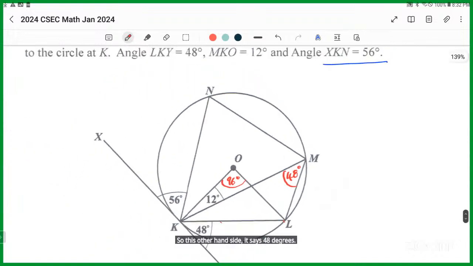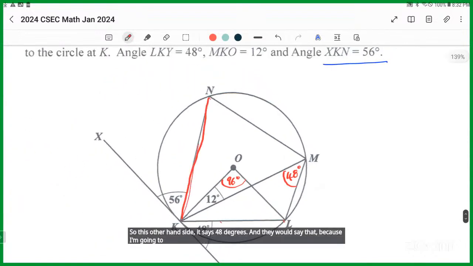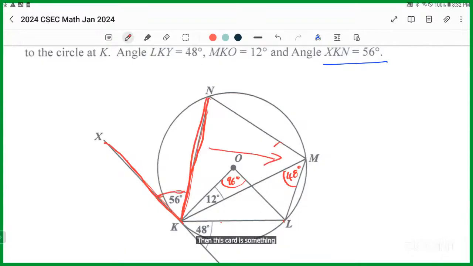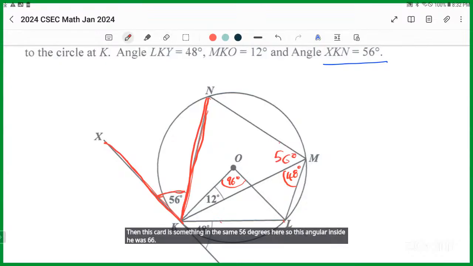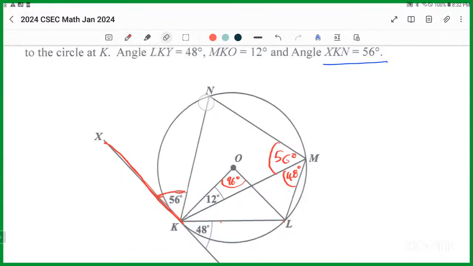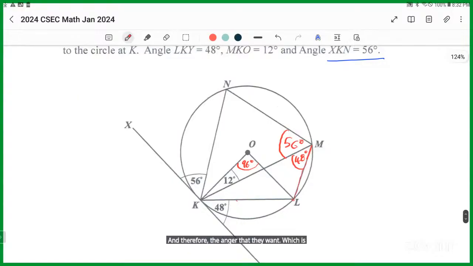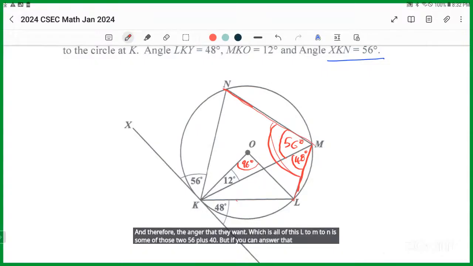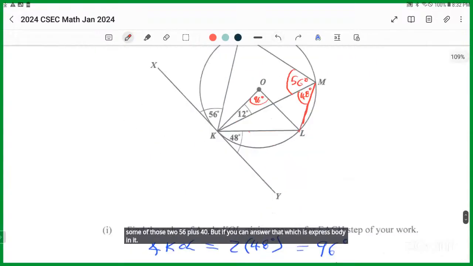And they will say that because the angle between this chord and this tangent is 56, then this chord is subtending the same 56 degrees here. So this angle inside here is 56. And therefore, the angle that they want, which is all of this, L to M to N, is the sum of those two, 56 plus 48. Everybody can see it?